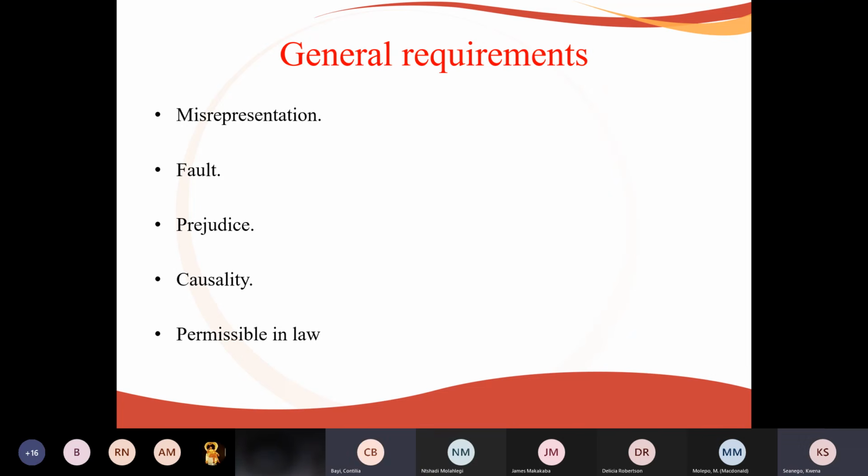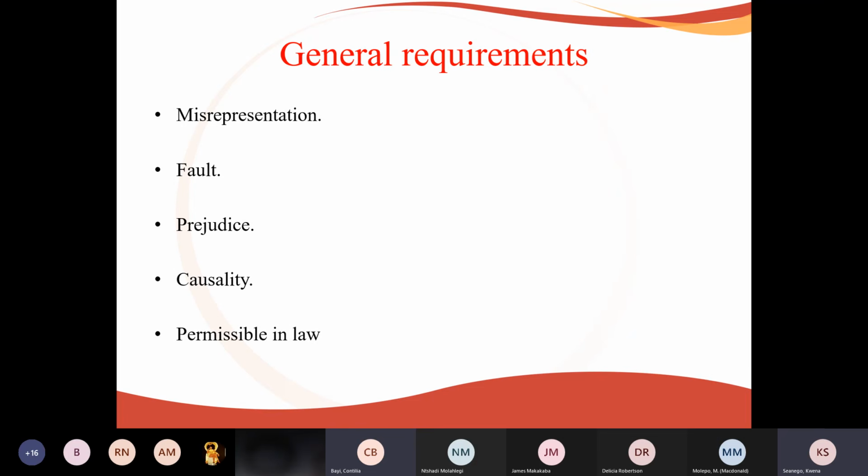Yeah, but for example, when we talk about permissible in law, you can just ask yourself what other scenarios will be tantamount to or fall under this requirement. Advocate, you're muted.